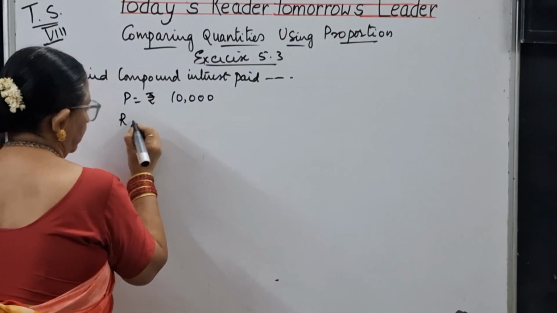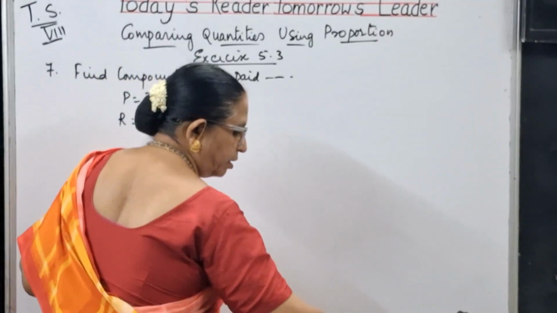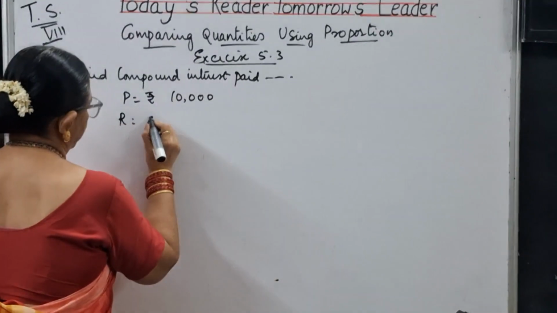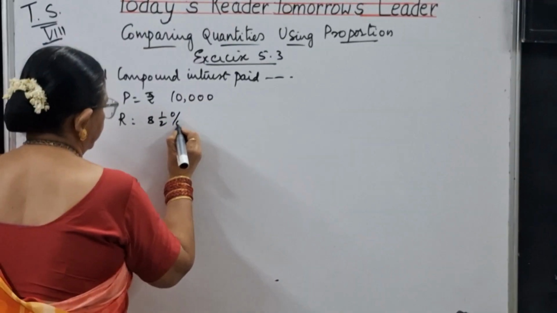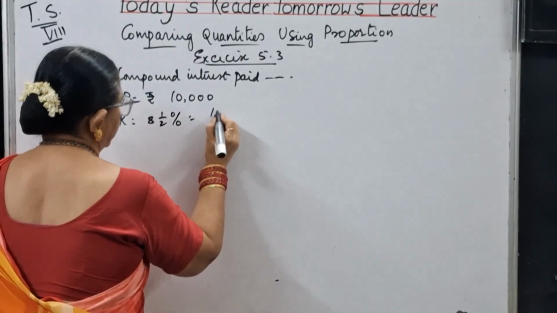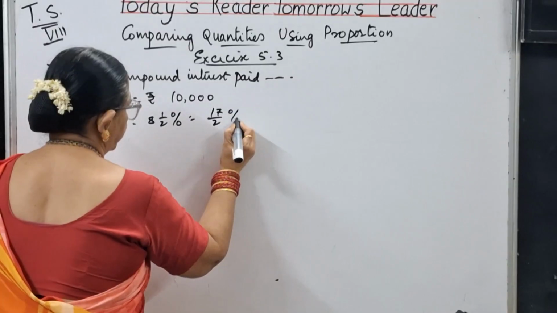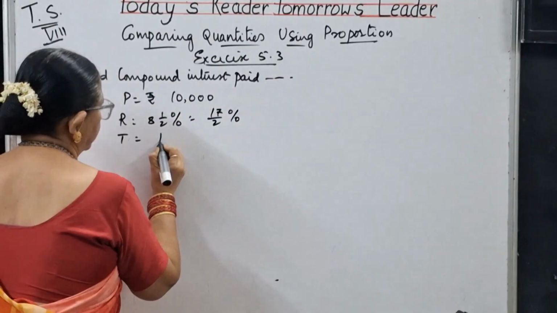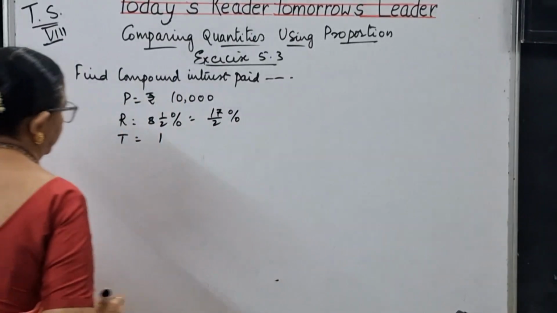10,000 and our rate is given as 8 1/2%, that is 17 by 2%, and the time is 1 year 3 months, so first we will take 1 year.